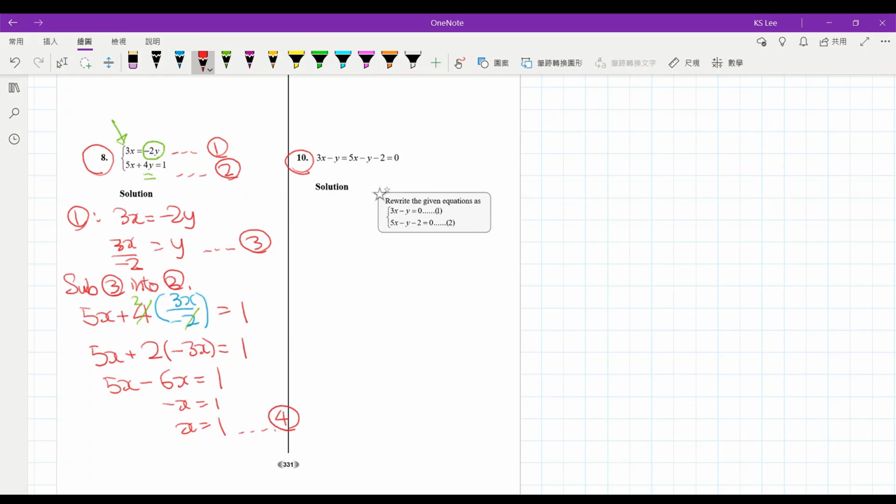Then later on we can substitute the 1 back into equation 1, 2, or 3. Which one do we need to substitute the 1 into? It's better for us to substitute into equation 3, because in equation 3 we have y as the subject now.